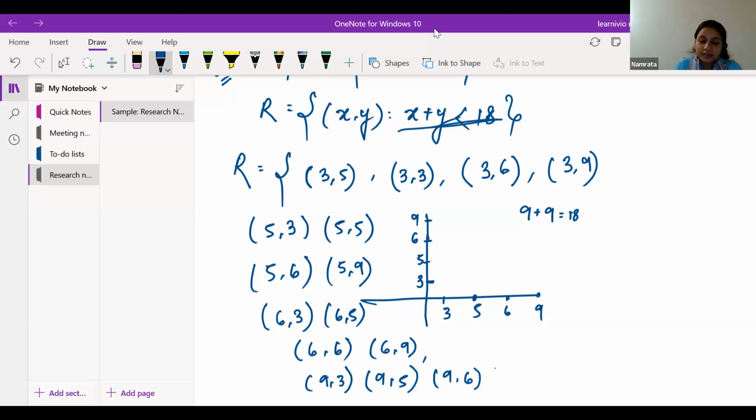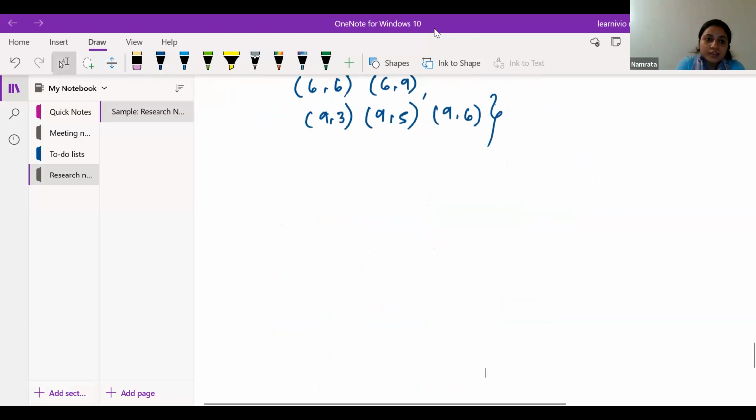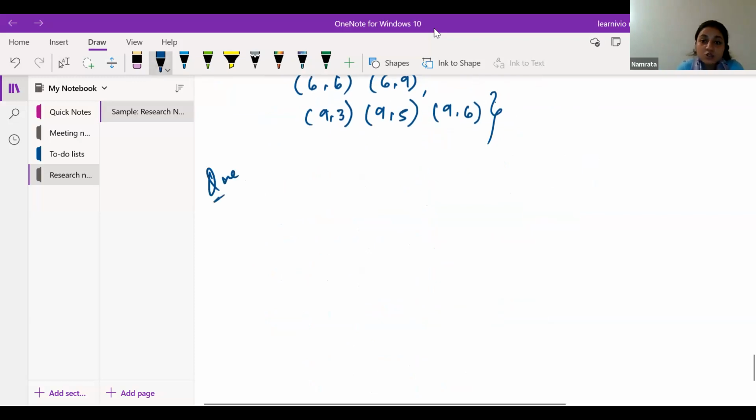Okay, so these are the elements. Okay, the next one is, let's do it quickly.